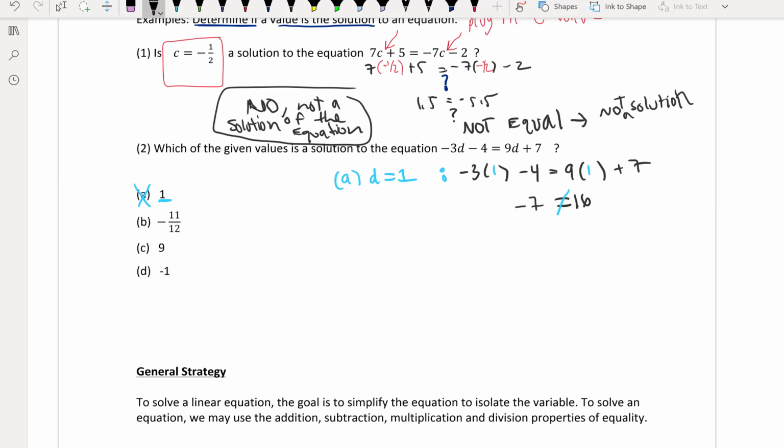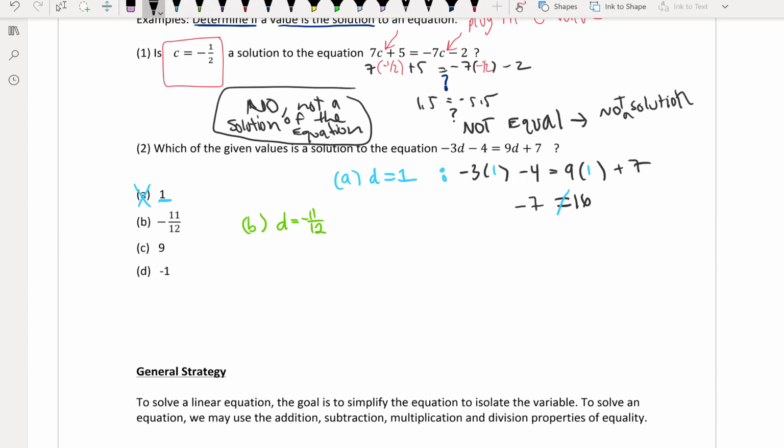So now we're going to go into value B. So we know that the D value is equal to negative 11/12. So I know that I'm going to be plugging it into this equation. So here, instead of the blue, I'm going to have green.